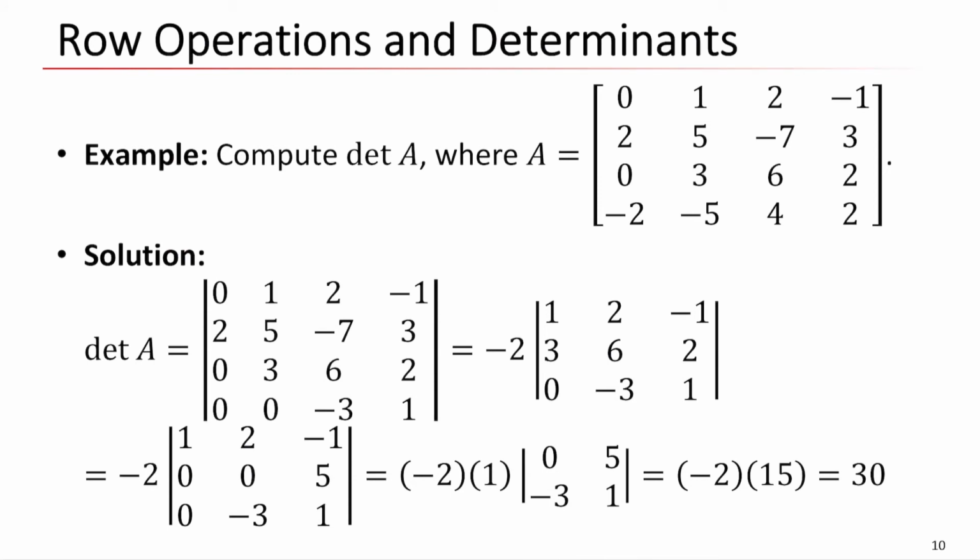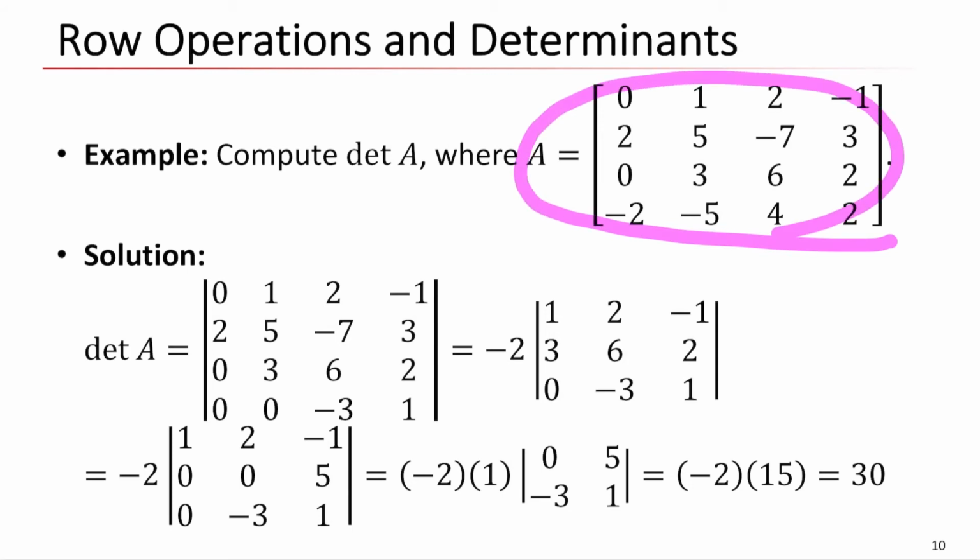Let's say we have a matrix A. Let's find out the determinant of matrix A. So what should we do? First of all, we have to row reduce this original matrix.